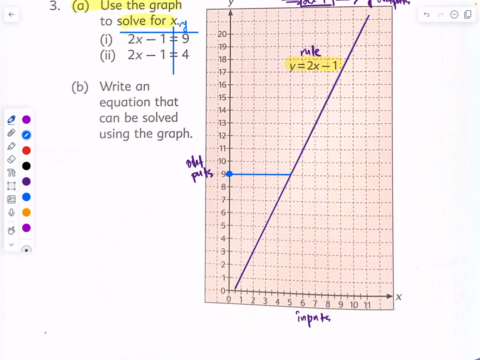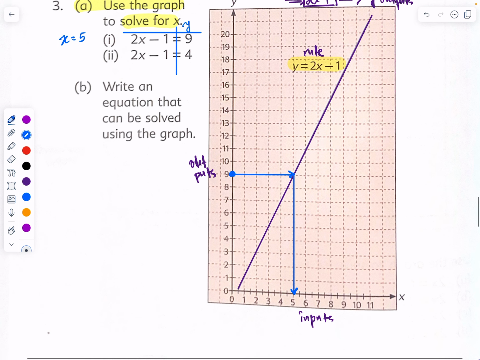We go to the graph, we drop down to find the corresponding solution, then x must be equal to 5. Next, if y equals 4, here's y equals 4. We go to the graph, we drop down. It looks like x must be 2.5. We solved equations using the graph.